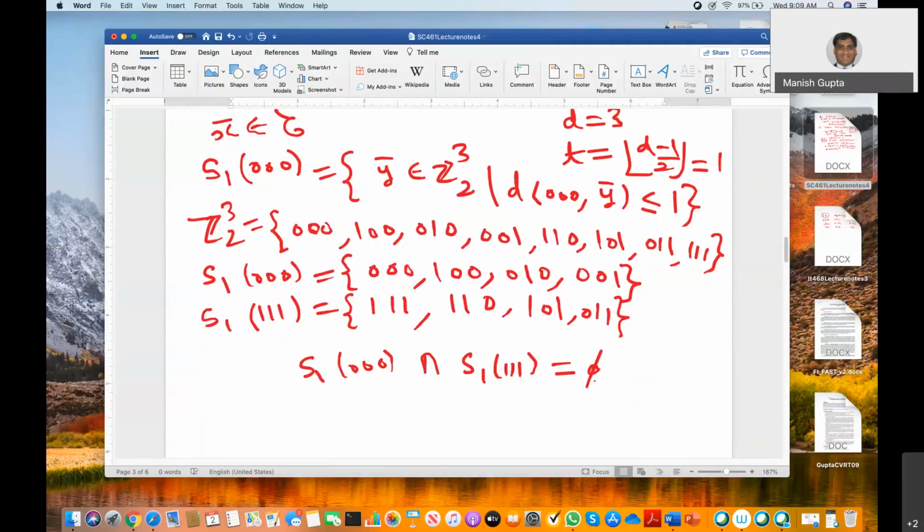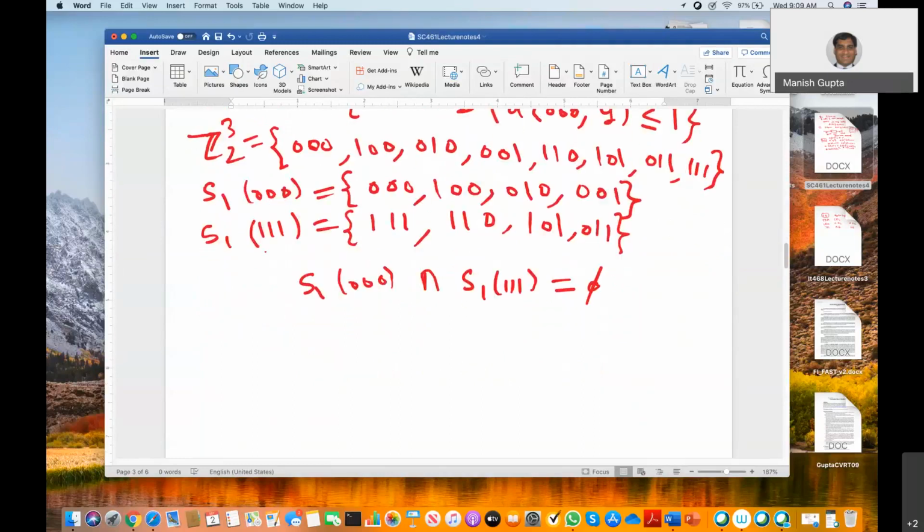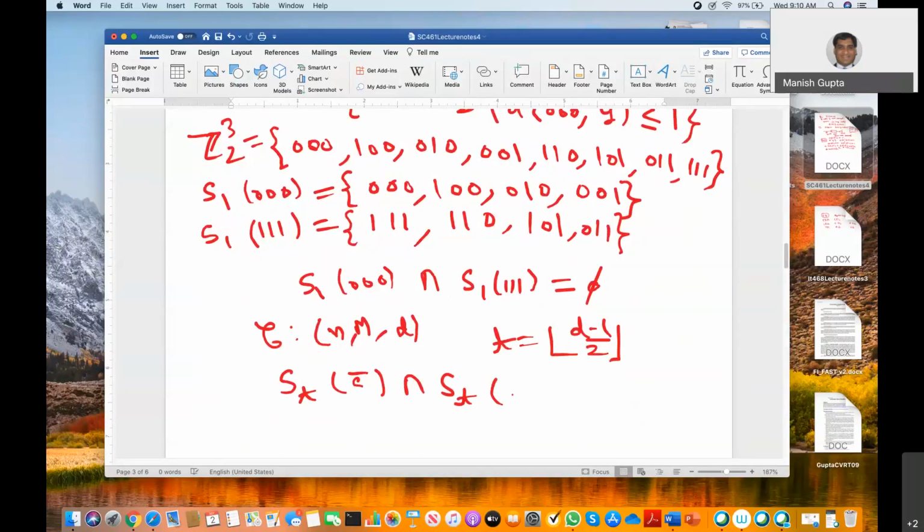So we want to establish the following result: if C is an (n, M, d) code and t is (d-1)/2, I want to show that St(C1) intersection St(C') is empty, where C1 and C' are two code words of C.